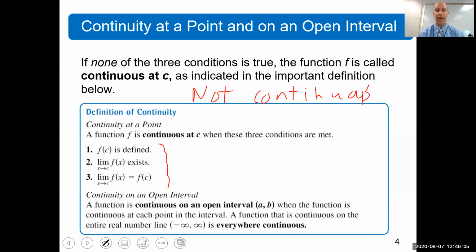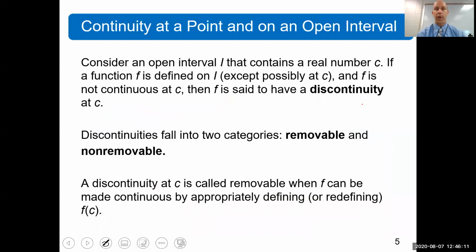And then right below that, we've got the definition of continuity on an open interval. So if we consider an open interval that contains some real number C, if f is defined on that interval, except possibly at C, and if f is not continuous at C, then it has something we call a discontinuity, which kind of makes sense: not continuous, discontinuity.